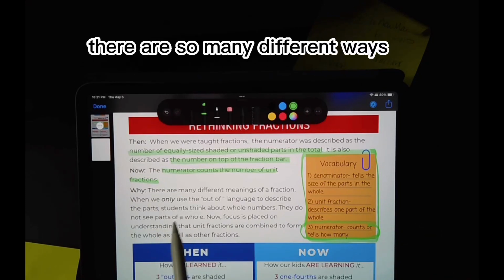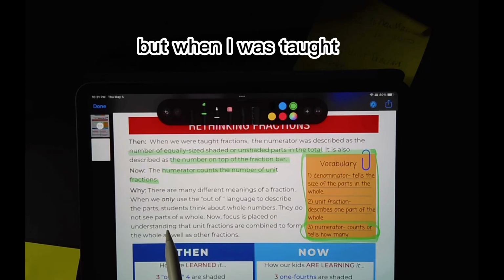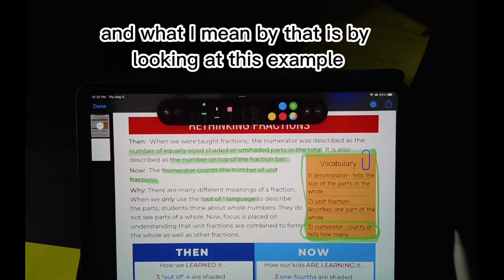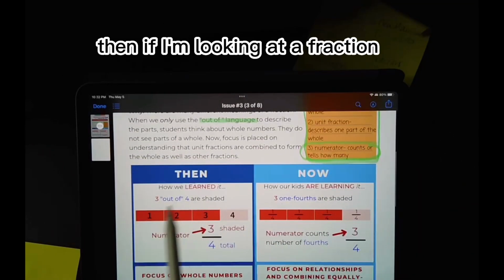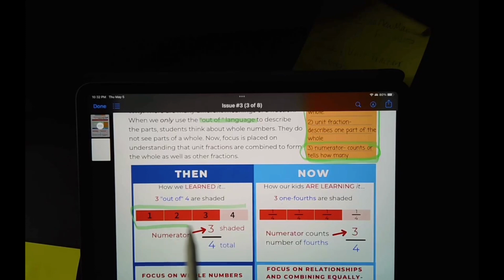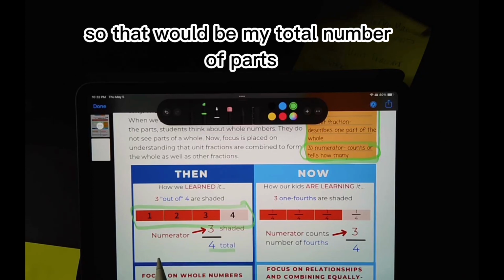There are so many different ways to think about fractions and so many different meanings. But when I was taught, it was only using the "out of" language. Looking at this example at the bottom, if I know that I want 3 out of 4 parts shaded, this is what it looked like. I had 1, 2, 3, 4 parts, so that would be my total number of parts.